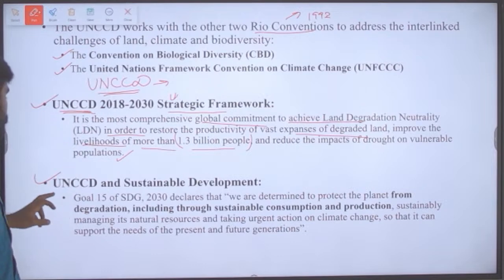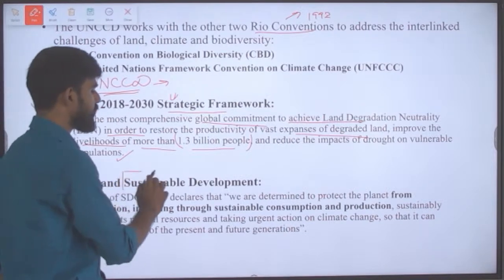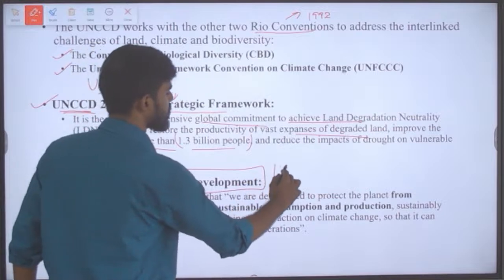Next, this is also important, we have the Sustainable Development Goals, right? There are 17 Sustainable Development Goals.